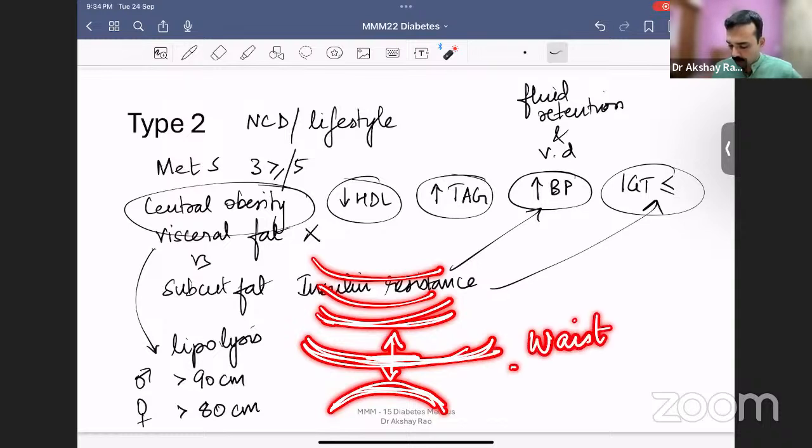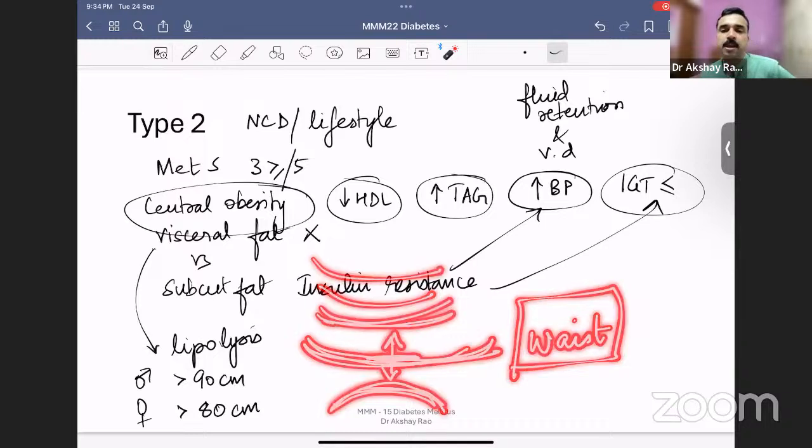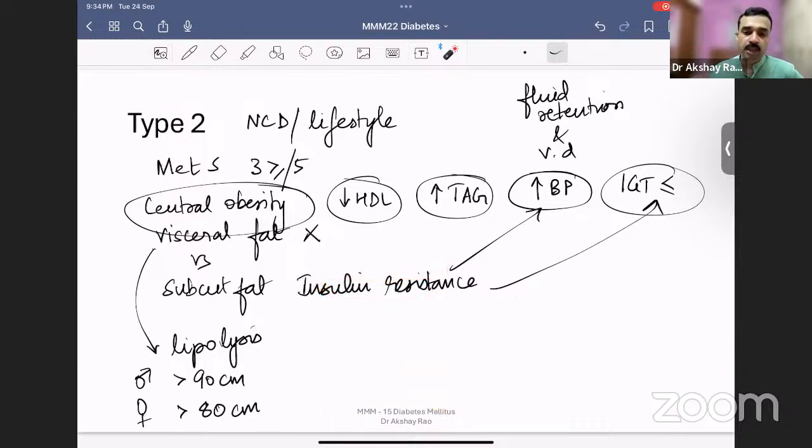This will give you the waist circumference. So this waist circumference, if it exceeds 90 in men, 80 in women of South Asian race, then it is indicative that they have central obesity or visceral adiposity. Visceral adipose is very notorious.